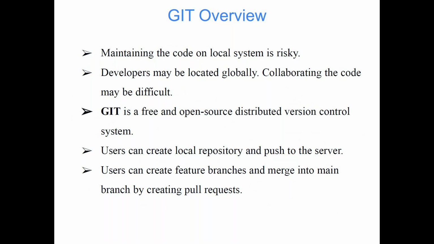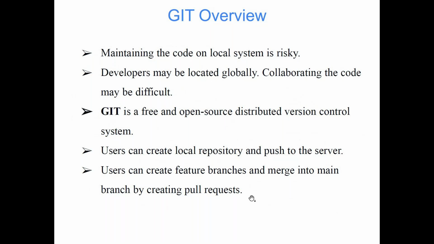So after writing your code, maybe as a daily activity, at the end of the day you should put your code somewhere on a centralized server, so that there is no dependency on your local system. That's one challenge. There can be another challenge, that developers may be located globally and collaborating on the code may be difficult.